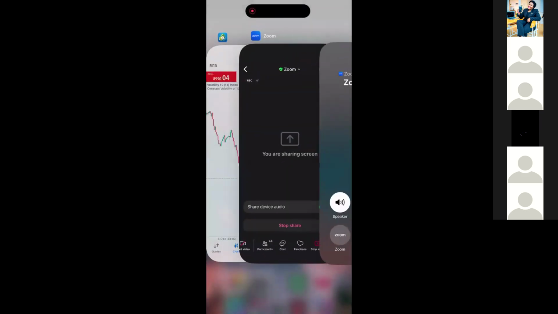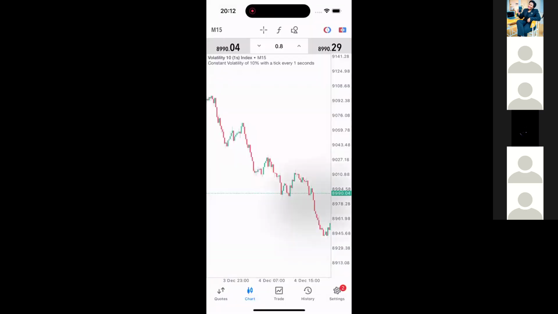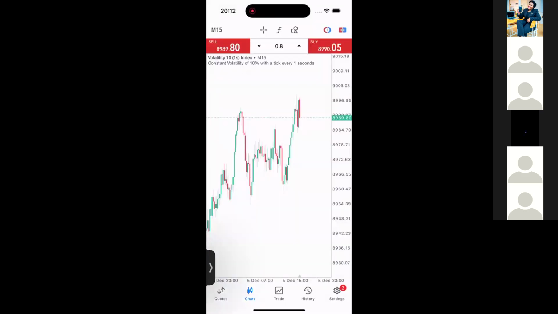But I was saying, I gave you a signal of buy V101S. I gave you CMP. I was like, buy at CMP 8990.45, which means the current market price. SL at 905.36. TP at maybe 8972.63. That's how I give the signal.